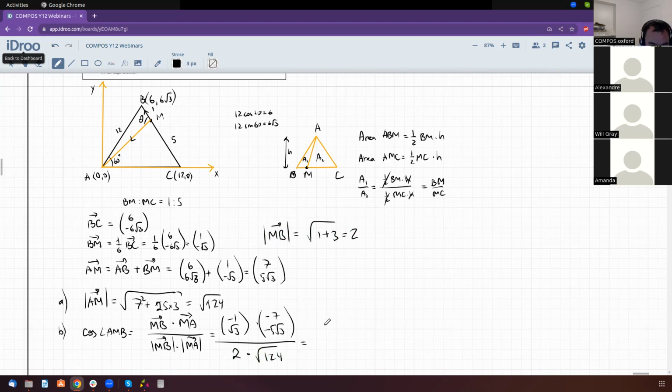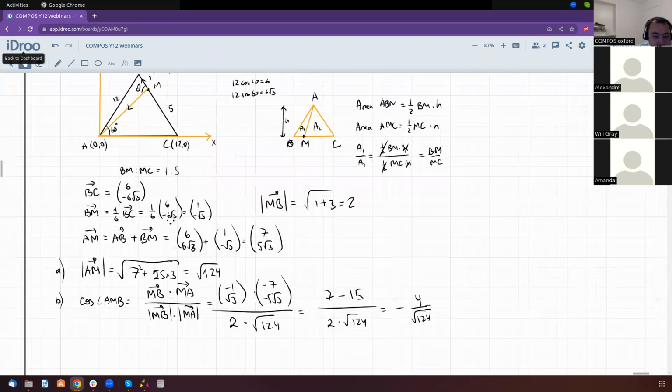So that's 7 minus 15, since 3 times 5 is 15, divided by 2 times square root of 124. So it's minus 4 divided by square root of 124. And we can work out the angle.